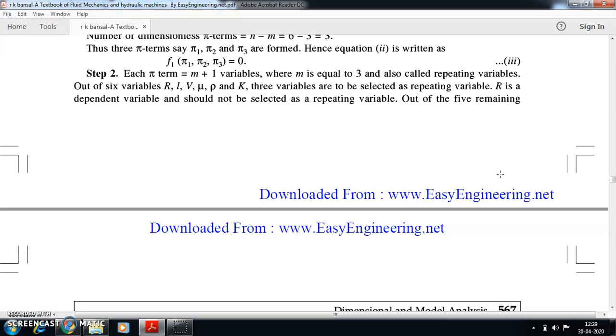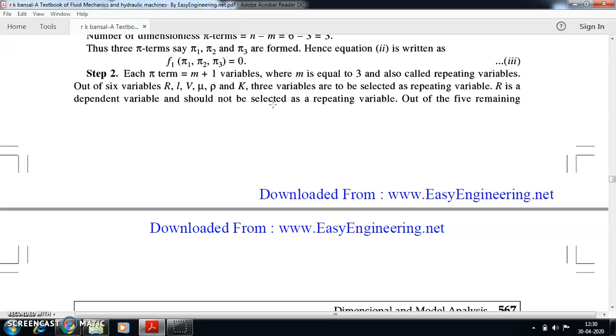Now we have to decide on repeating variables. As the definition says, which we saw in the yesterday class, each pi term will have m plus 1 variables, and these m plus 1 variables are called repeating variables. What is the value of m here? m is 3, so 3 plus 1, there will be 4 variables.